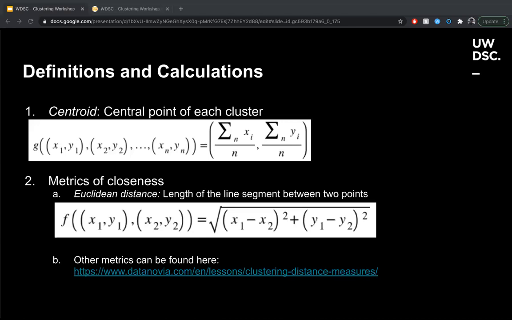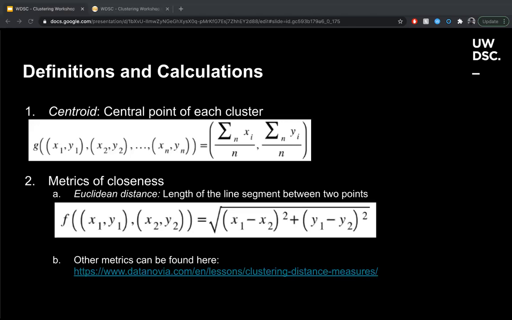It's important to note that for centroid-based clustering, the metric that you choose does have an effect on the clusters that you produce. So if you want to apply centroid-based clustering to your own project, do some research and make sure that you're using the right metric for your purpose.